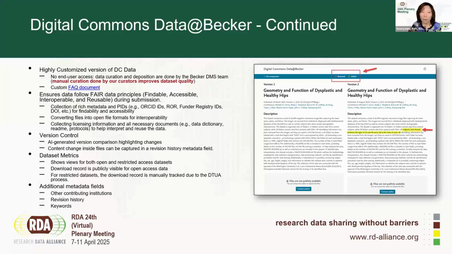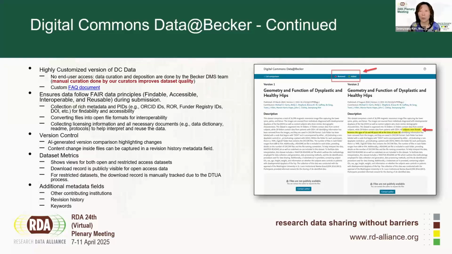And a little more about the Digital Commons Data Becker. It's a highly customized version of DC Data. We realize a lot of researchers are not quite familiar with data curation, so we need to kind of hold their hands. Many repositories allow users to enter information, and not necessarily is it done right, and they can ask questions.